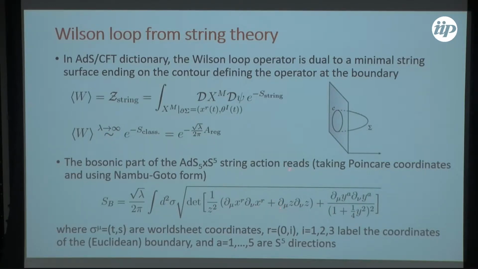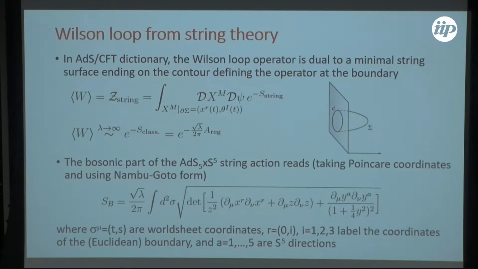Z is the holographic direction, X^R are the 4 directions of the boundary. And this is a particular metric which will be useful for S5. So Y are just 5 coordinates on S5, and this is the conformally flat form of the metric on S5. The index A here runs from 1 to 5. The index R can be split into 0 and i, where i runs from 1 to 3, and 0 will be the direction where I put the Wilson line.